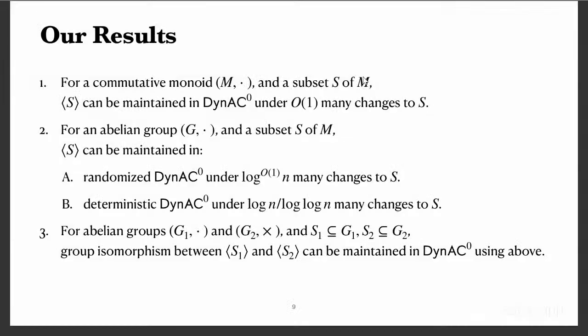Another application of this result is that isomorphism between abelian groups can be maintained in AC0 under the same number of changes.